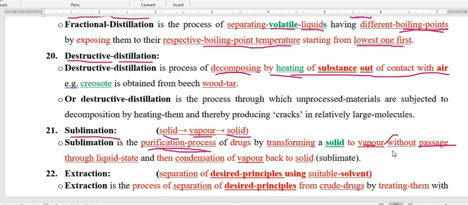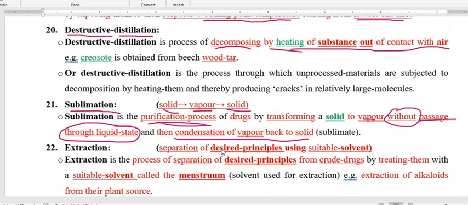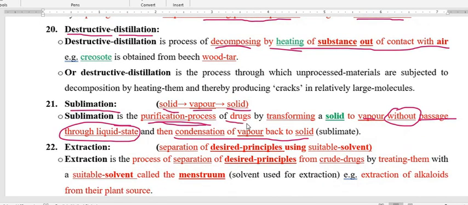This is very, very important: without passing through the liquid state, we condense the vapor to solid. So in sublimation, there is no liquid state. We convert solid to vapor and then condense the vapor to solid. It is a process of purification of a drug, called sublimation.